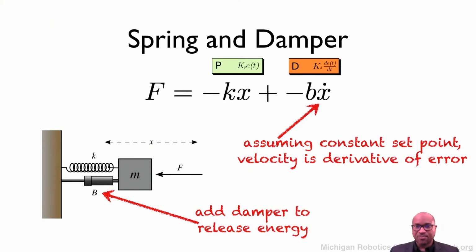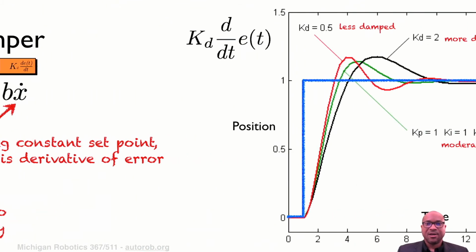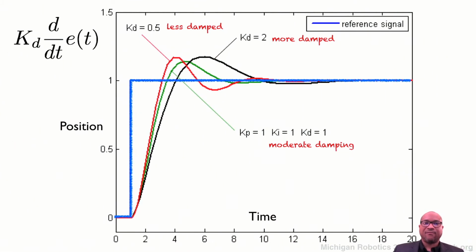And so if we assume that we have a constant set point, we can note that our velocity in this case can just be considered the derivative of the state instead of the derivative of the error. And so if we have our spring and damper system like this, we can get different types of effects on the system.